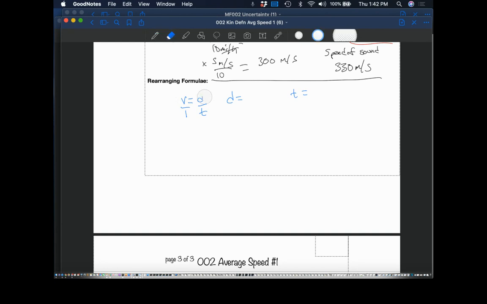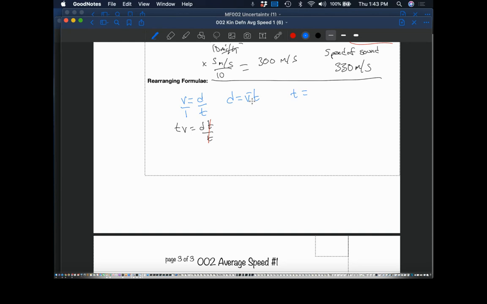So what I'm going to do, because I want d by itself, I need to get rid of this t. So I'm going to multiply both sides by t, and so I get tv equals dt over t. And of course, then you see these t's cancel, and I'm left with d equals vt, the average speed times the time. Now, if you notice, the result of this was you cross multiplied.